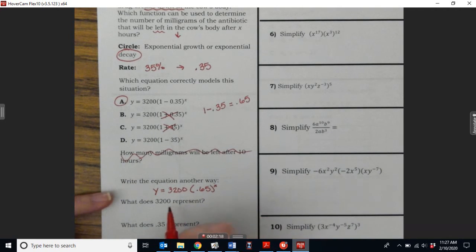That 3,200 is your initial amount. I think I spelled that wrong. Initial amount. Your start, right? The 0.35 is your rate of decay.